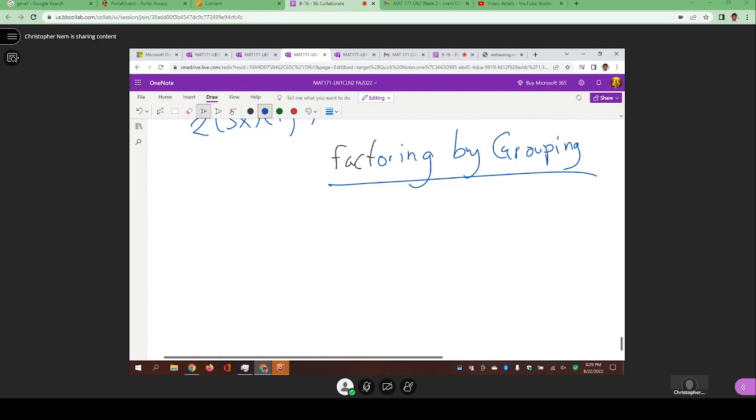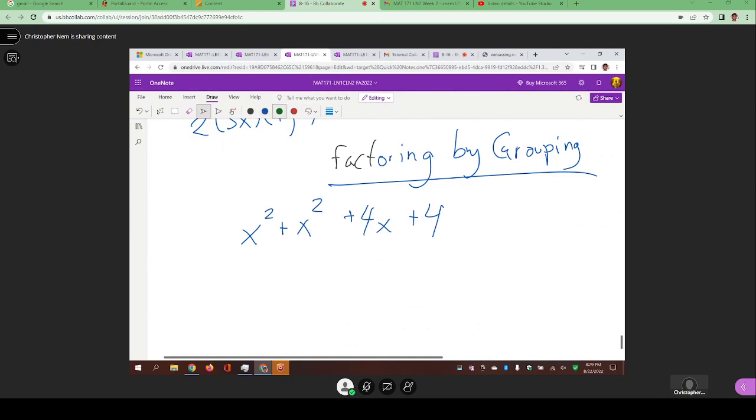Factoring by grouping is the last one. So I need to factor this one right here: x squared plus x squared plus 4x plus 4. And if we notice, looking at this right now, there is no common factor. There is no GCF at all.